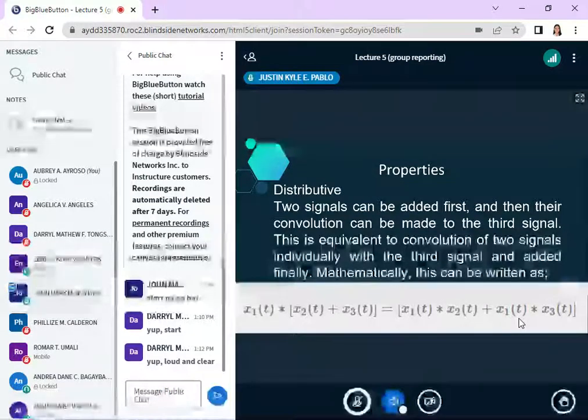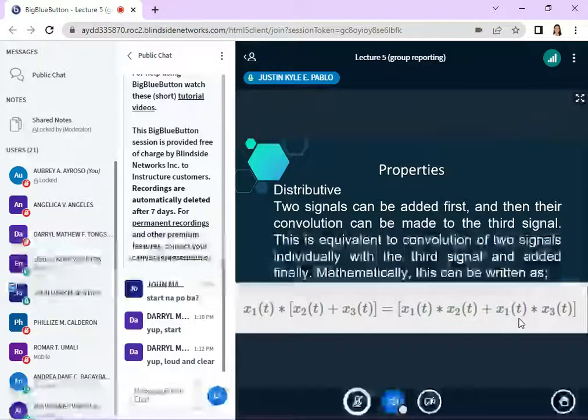Distributive property: two signals can be added first and then their convolution can be made to the third signal. This is equivalent to convolution of two signals individually with the third signal and added finally.